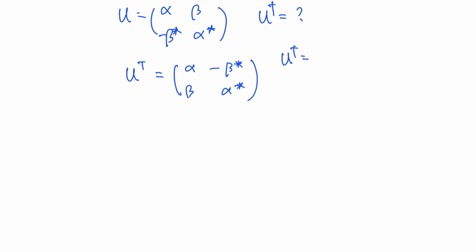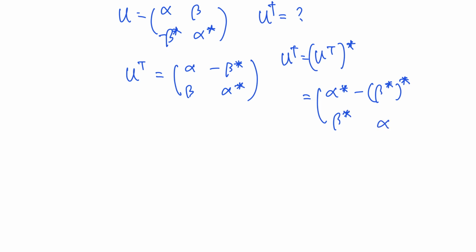U adjoint is U transpose and complex conjugate: alpha complex conjugate, minus beta complex conjugate, beta complex conjugate, alpha complex conjugate complex conjugate. If you take the complex conjugate twice, it becomes the original, right? So it becomes alpha complex conjugate, minus beta, beta complex conjugate, alpha.